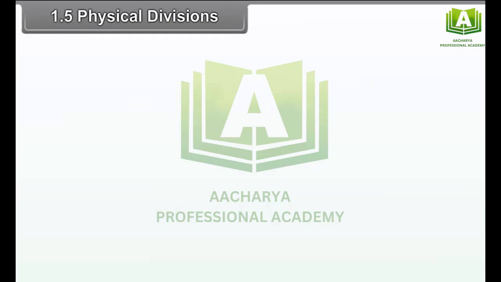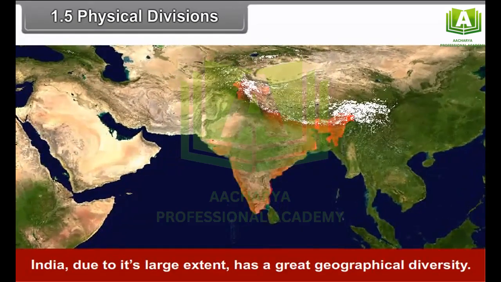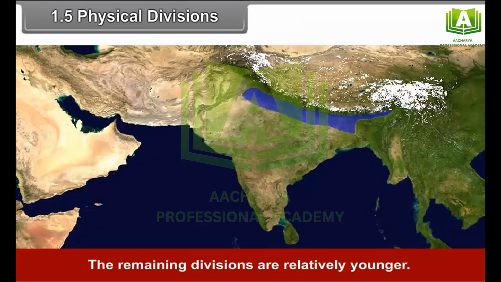1.5 Physical divisions. India, due to its large extent, has a great geographical diversity. A large area is covered by the old plateau. The remaining divisions are relatively younger.